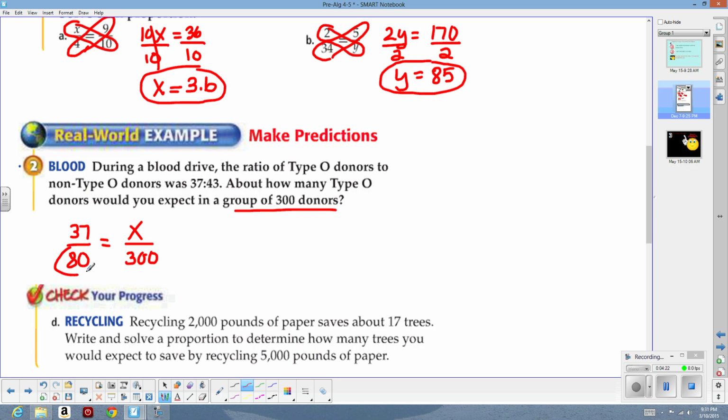So this is the proportion we would set up. Now we'd go ahead and solve it by setting cross products equal to each other. 80 times x is 80x equals 37 times 300. 37 times 300 is 11,100.